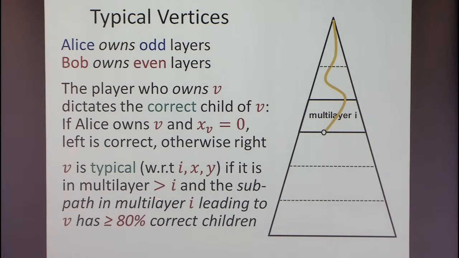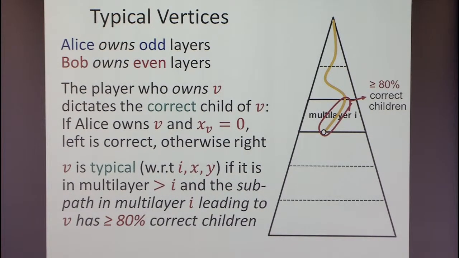And that the subpath leading to it in multilayer I has at least 80% correct children. So we only look at this part of the path and we check that 80% of the time we went in the right direction with respect to x and y. So x and y tell us what is the right direction, and I'm asking you to go at least 80% of the time in the right direction with respect to the inputs.